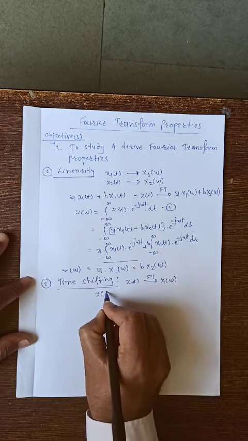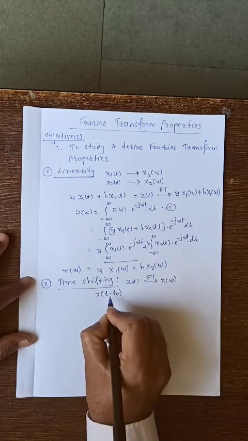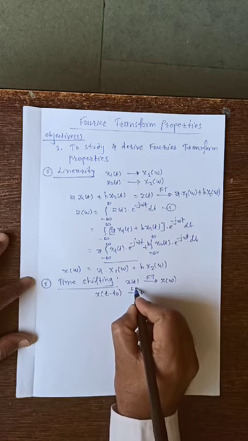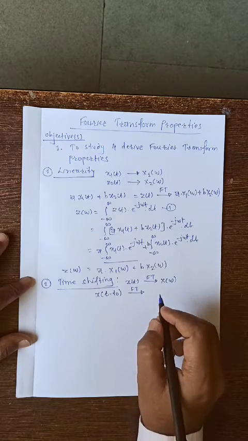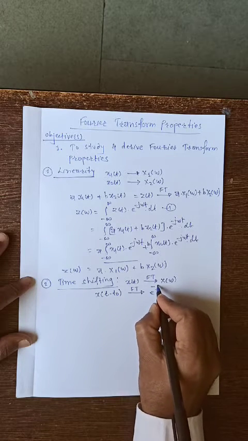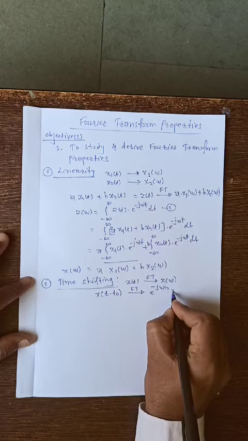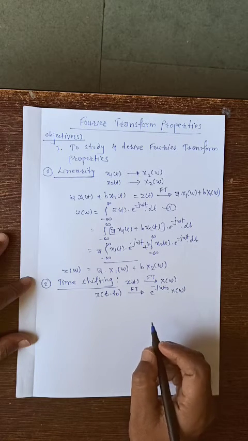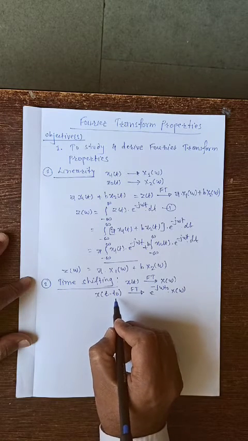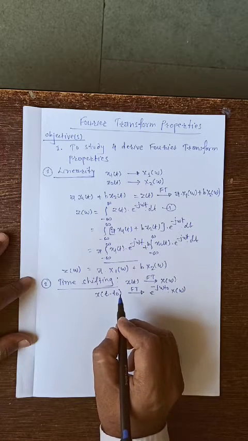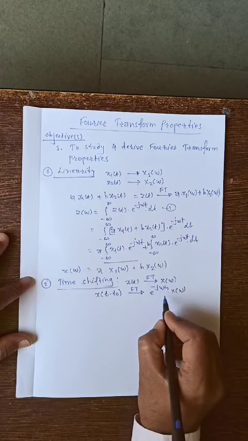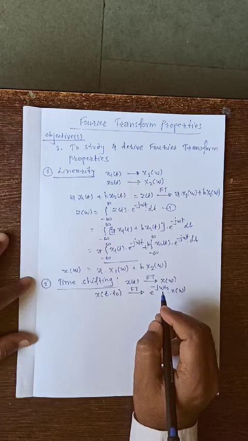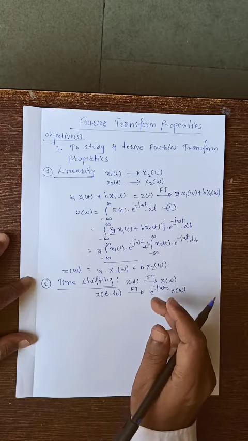Then if we introduce a shift in time, that is t minus t naught, and take the Fourier transform of that, it results in e^(-j omega t naught) times X(omega). Means what? If we introduce the time shift t naught in the time domain, then it introduces a phase shift of minus omega t naught in the frequency domain, with the amplitude remaining the same.